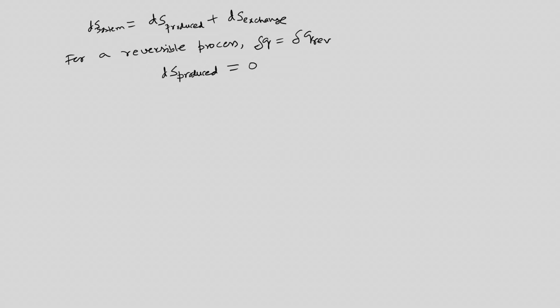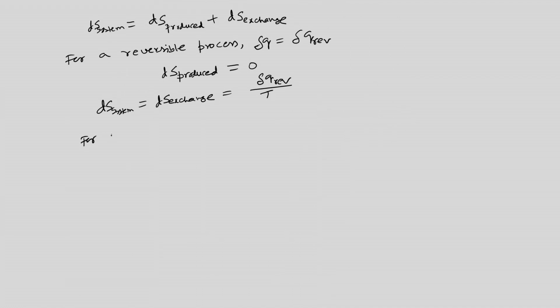So, what is dS exchange then? dS exchange is del q reversible by T. Since dS produced is 0, dS system equals dS exchange, which equals del q reversible by T.